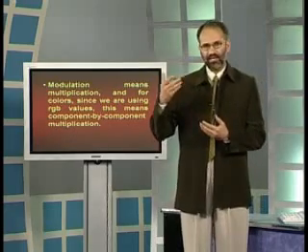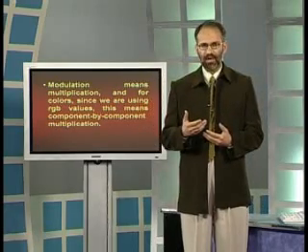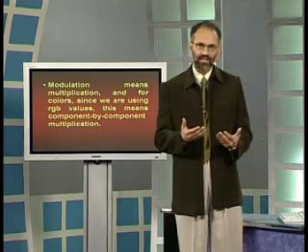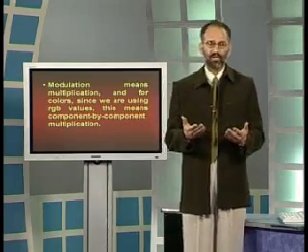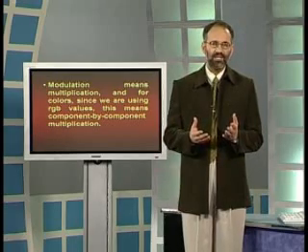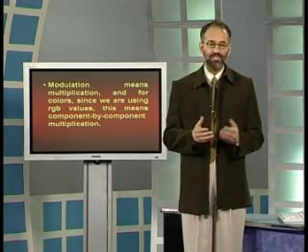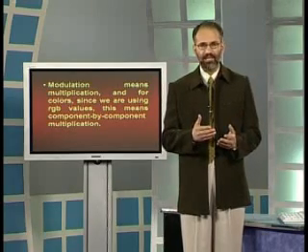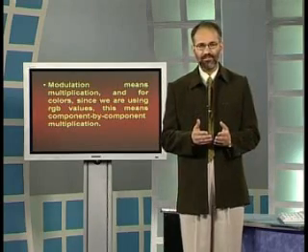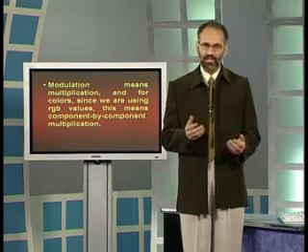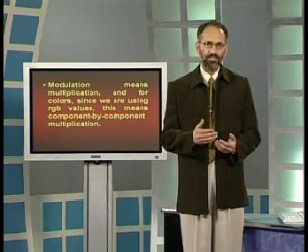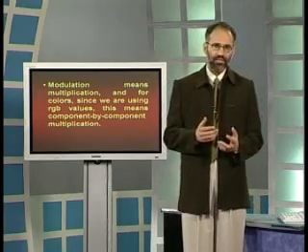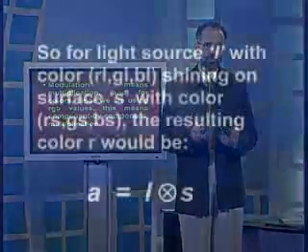When we said that the light source has RGB components, the surface has RGB components, and when they interact, this modulation in the form of multiplication would actually be a component by component multiplication. First, the red component of the light would get multiplied by the red component of the surface, and that result would be stored, and similarly the green and blue components would positionally get multiplied.